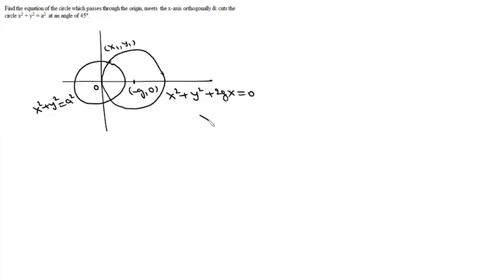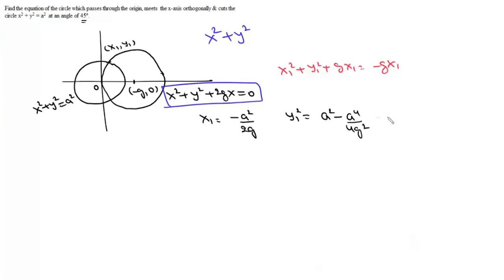That means x1 will be minus a square upon 2g, and if we put x1 in this equation, we can write y1 square as a square minus a to the power 4 upon 4 g square. So we'll have y1 as plus minus a times the square root of 1 minus a square upon 4 g square.